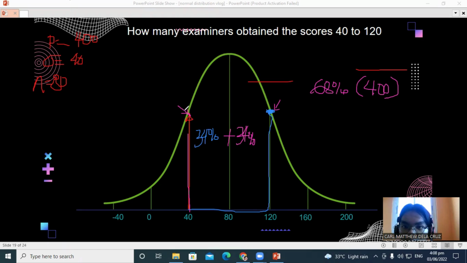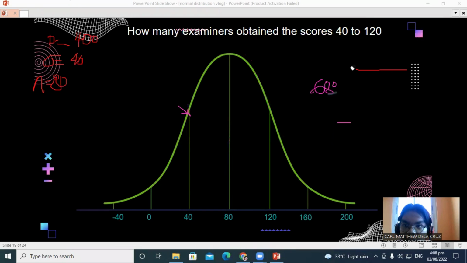So that part has 34% plus 34%. So we need to add. 34% plus 34% is 68%. 68% of 400 is 272 students. So overall, that is the answer.